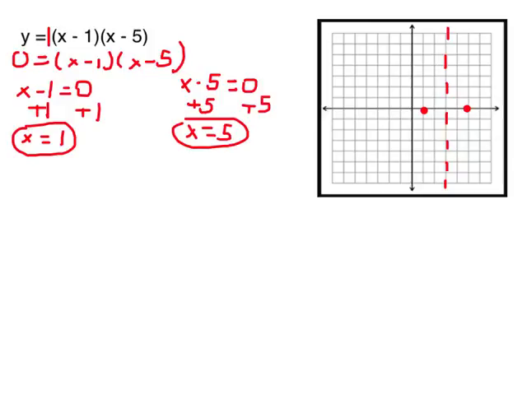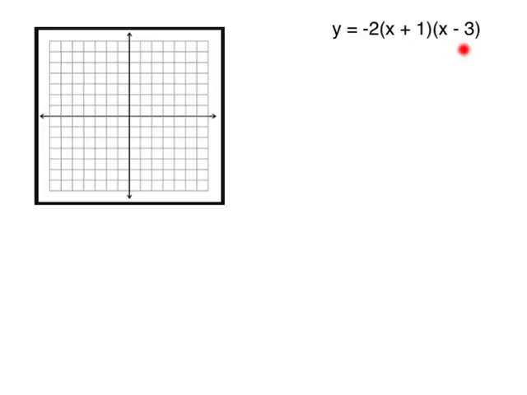So what we do is we read this quadratic equation has two factors. We'll be able to get two x-intercepts. And we do see an a coefficient of -2, so we know the parabola will be opening down. Let's solve for the factors by putting each factor equal to 0.